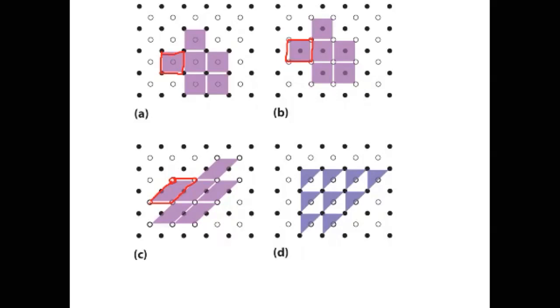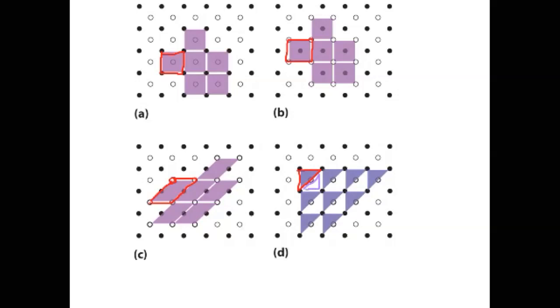Now when we get to D, we define these 3 lattice points as a unit cell. As we repeat this unit cell in 2 dimensions, you see we get the exact same thing as what we started with. However, the important thing to note is that we don't account for all of the space in the crystal.